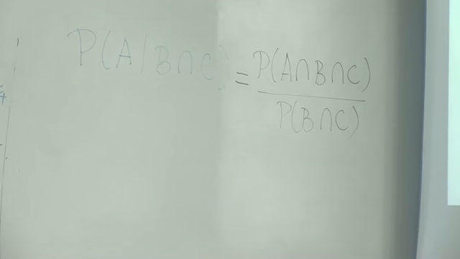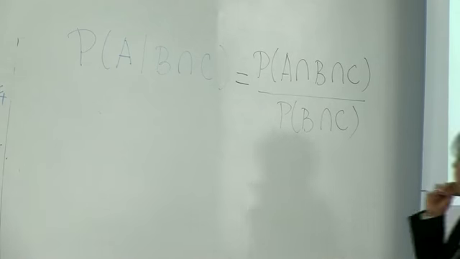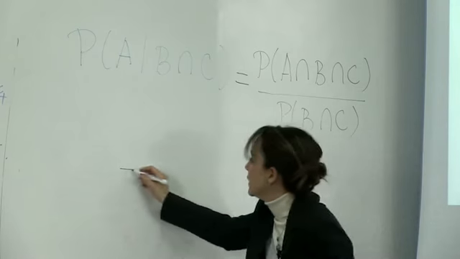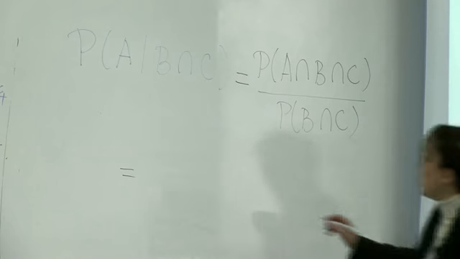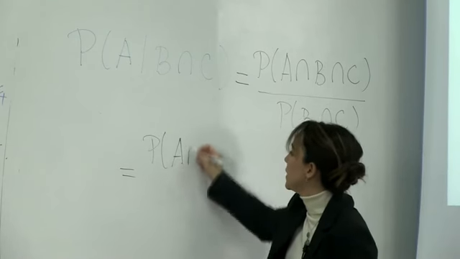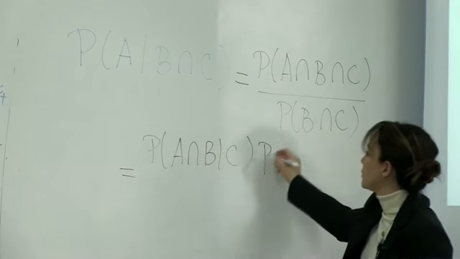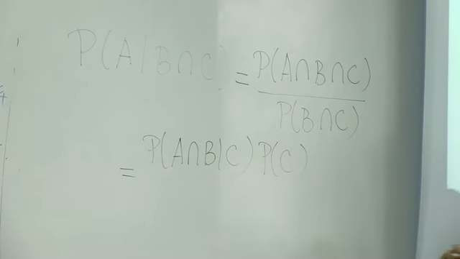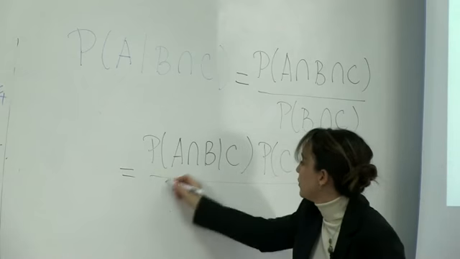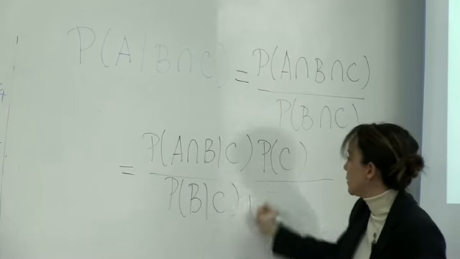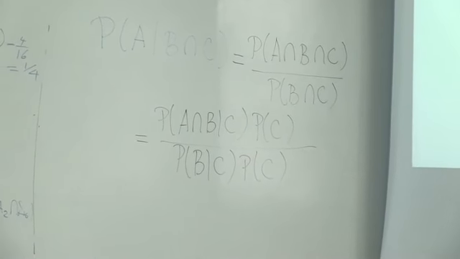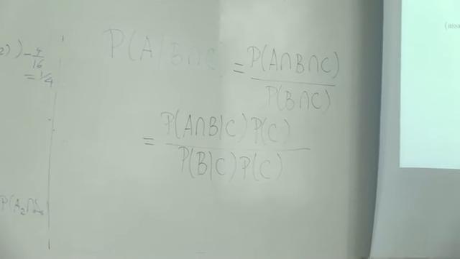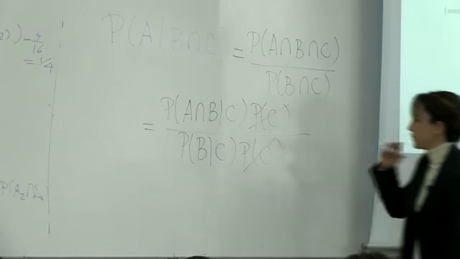What do you think we should do? Again, expand the numerator and denominator using the definition of conditional probability. How about we write this as probability A intersection B given C times the probability of C, the numerator, divided by probability of B given C times the probability of C. But if the probability of C is different from 0, P of C cancels.